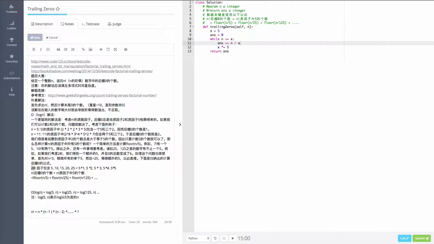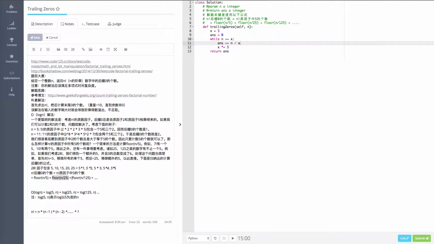Actually, it's just this formula: floor of n divided by 5, then we get this 5. But also, when we have 25, it actually contains 2 factors of 5. So we also have to add floor of n divided by 25.